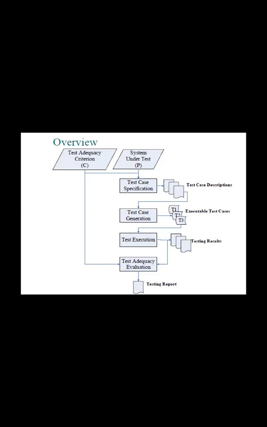Whether all the specifications of your project are implemented in your code or not will be tested. For the given code, we'll create the test cases. Test cases will be generated. Then we'll execute the test cases. Based on the test case execution, we'll check whether the testing results are as per the adequacy criteria or not. Accordingly, we will generate the test report.